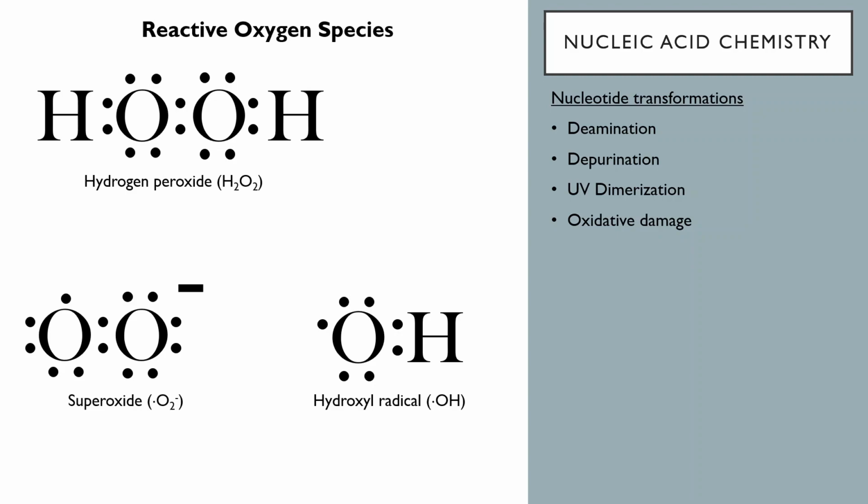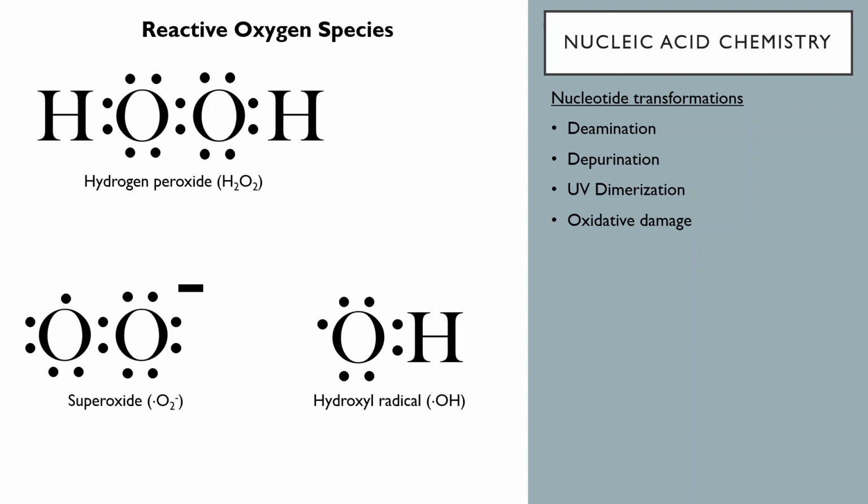So a hydroxyl radical has one extra electron that's not paired with another one, and superoxide is a molecule of oxygen with an extra electron. But these can form just in the process of the day-to-day reactions in the cell. Usually they're highly reactive, so they usually react with other substances that are nearby.